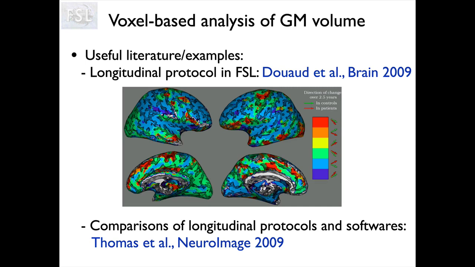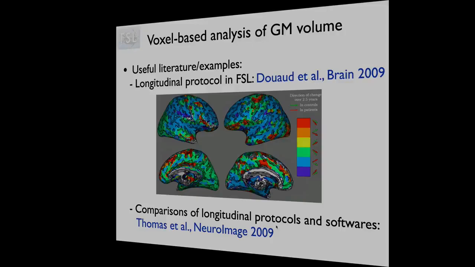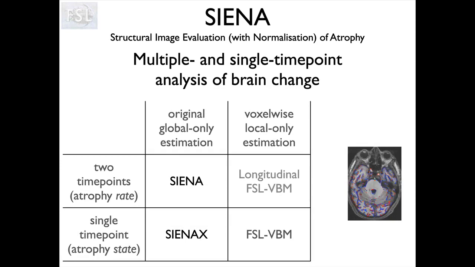So if you are interested in doing these kind of longitudinal studies, then it's worth knowing that there are modifications that you need to make to the standard VBM pipeline in order to get the most accurate results. And that's all I want to say about VBM.